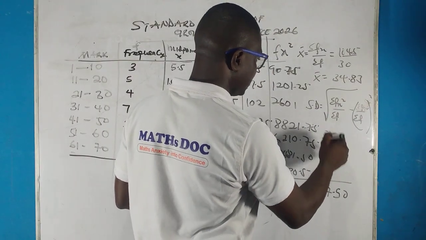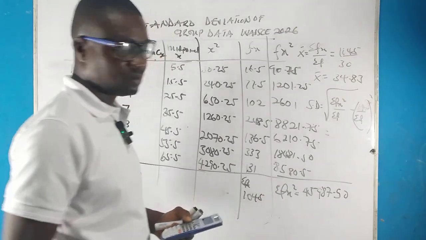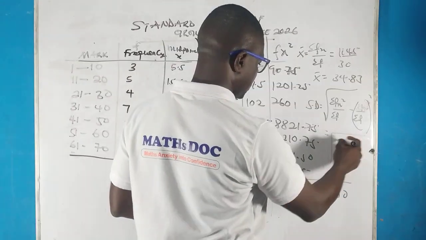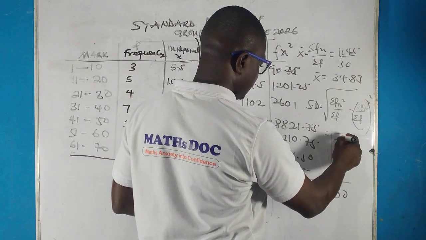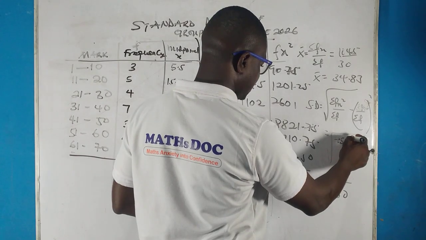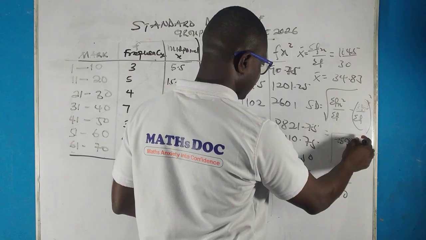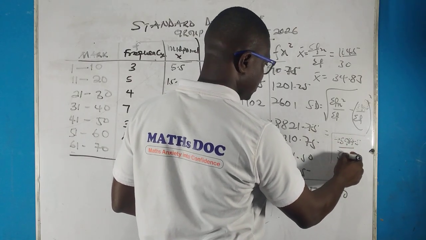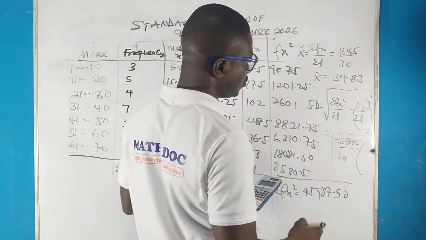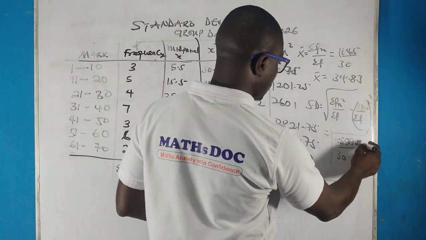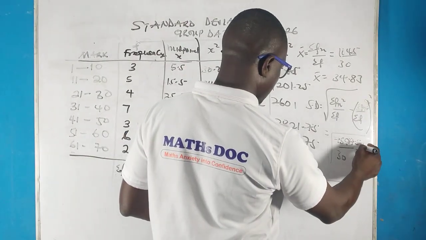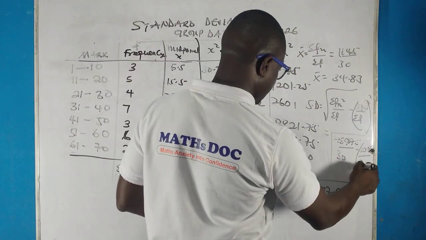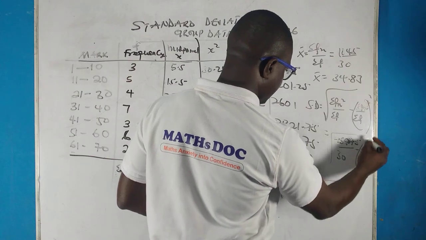If you remember, you need to keep the formula. So we put in the values: 45987.5 over 30 minus 1045 over 30, all squared.